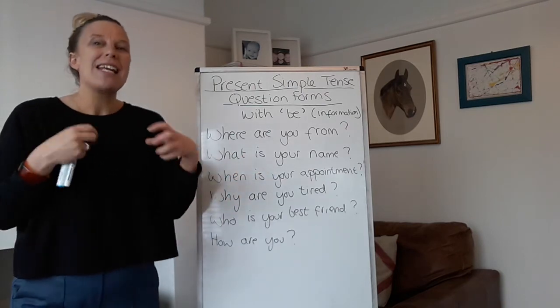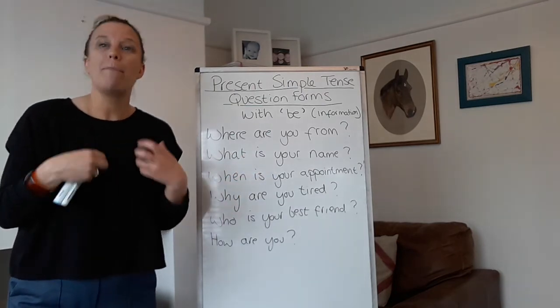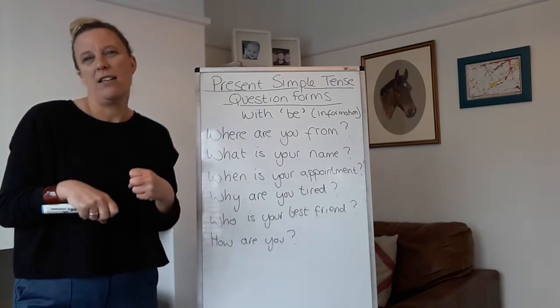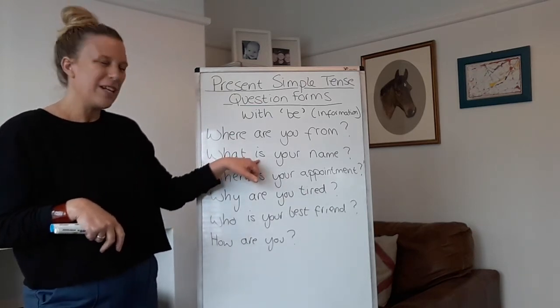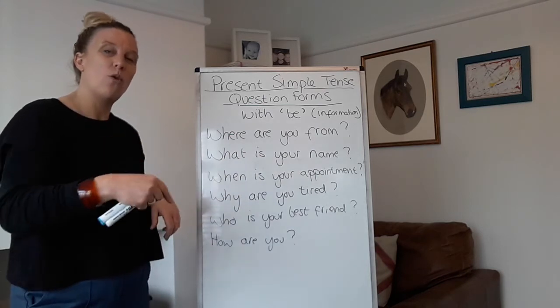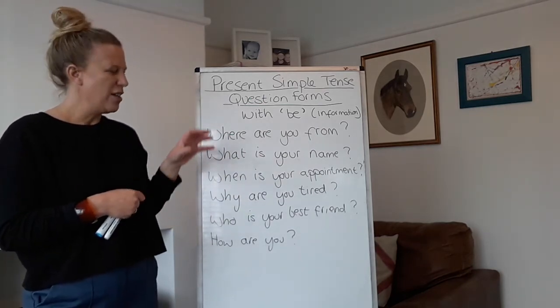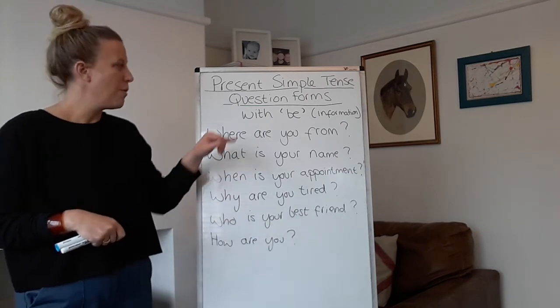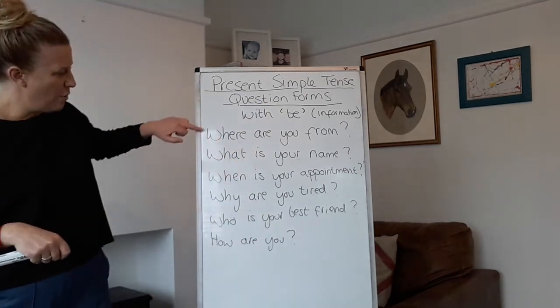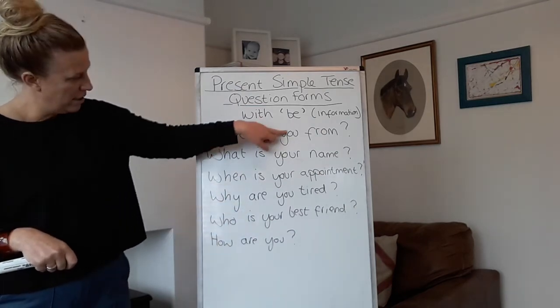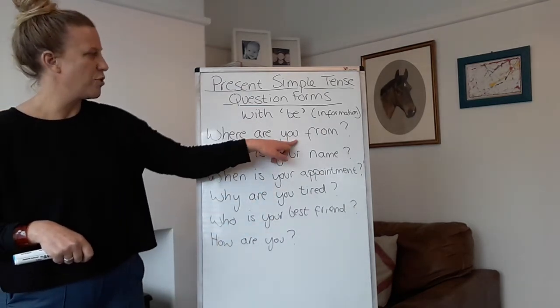If the answer is my name or my appointment, my best friend, my children, my cat, my dog, we would be using is your. What is your cat's name? My cat's name is. Okay, so think about the answer. But with be, for information questions, we have the information question, are or is, the subject. Here the subject is you.